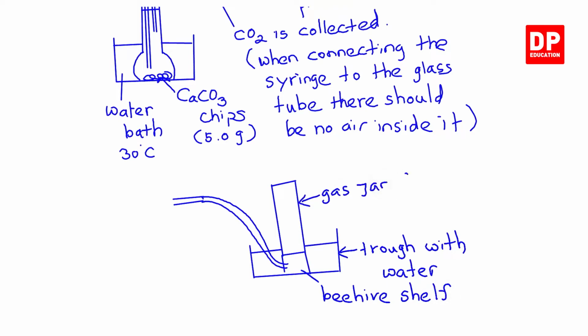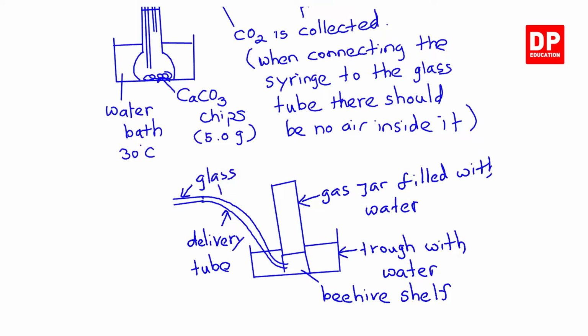Gas jar filled with water and delivery tube, that is the glass tube. So here you will have the rest of the setup. I am not going to redraw because this is another way you can collect the gas. This is by downward displacement of water.